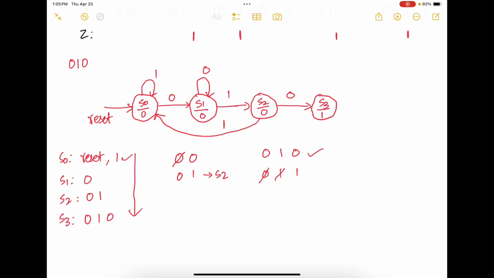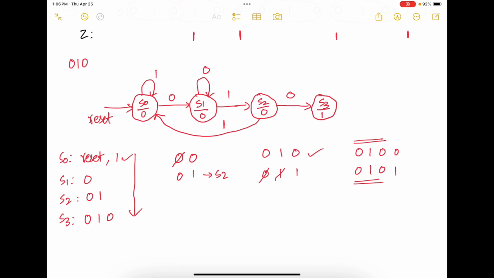Next, S3. S3 was a state which you were able to reach with the bit pattern 0, 1, 0. So from there, you can either get a 0 or you can get a 1. Now remember, if overlapping sequences were not allowed, we would have just eliminated these 3 bits here. But now overlapping sequences are allowed, so we cannot really eliminate those 3 bits.